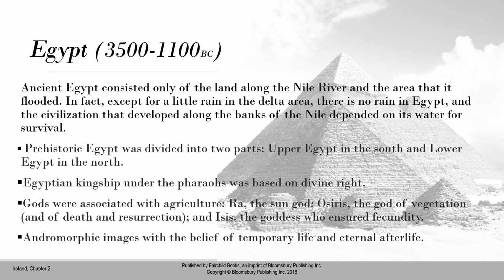Ancient Egypt is located in the upper east corner of Africa. This civilization was able to thrive because of the Nile River. The Nile River still runs through Egypt today and has been around since before 3200 BC.